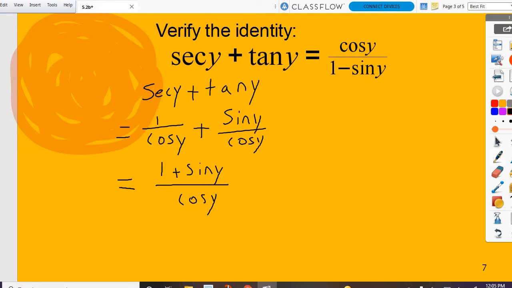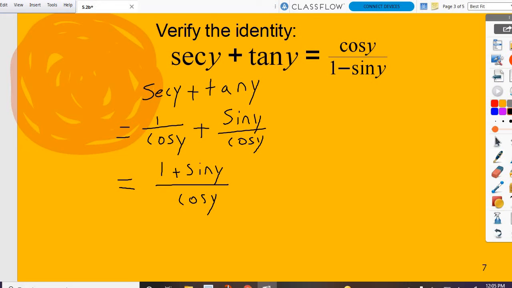So, can I use my Pythagorean identity? No, because is my sine squared? No. Okay. Do I have anything that reduces? Not really, because if I were to separate this out, we would get back to what we started with, right?